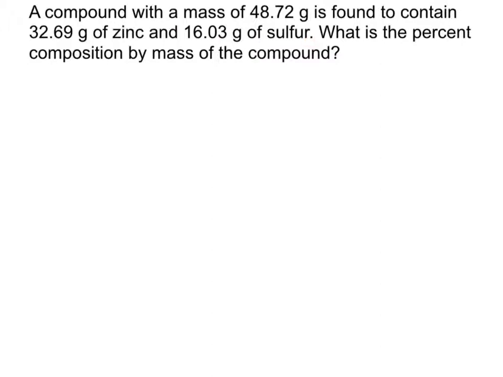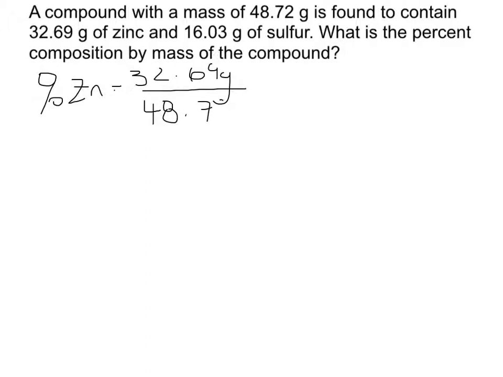So to figure out the percent of zinc, I know the percent zinc is going to equal 32.69 grams, and I got that from up above, divided by my total mass, which is 48.72 grams, and I got that from above as well.